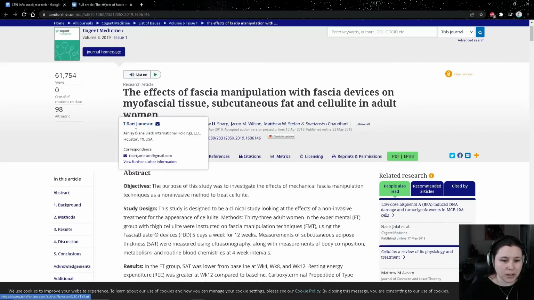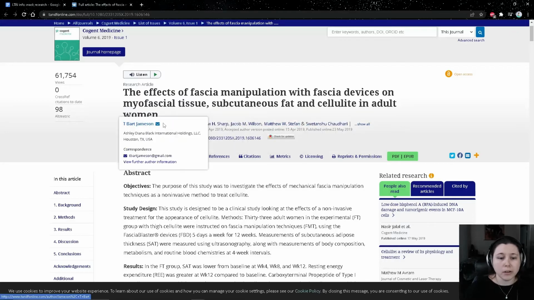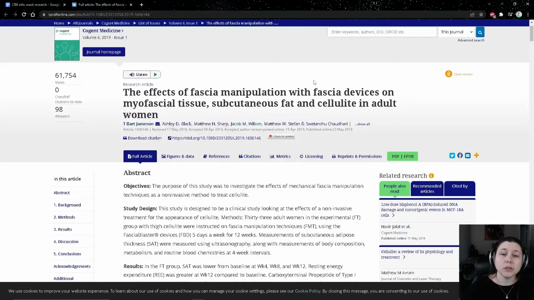T. Bart Jameson, Ashley Diana Black International Holdings, LLC, okay, Ashley Black herself, and then we have the Applied Science and Performance Institute in Tampa, Florida, another person from Tampa, Florida, another one from that same department, and another one from that same department. So they're directly involved with the scientific article that they're quoting.